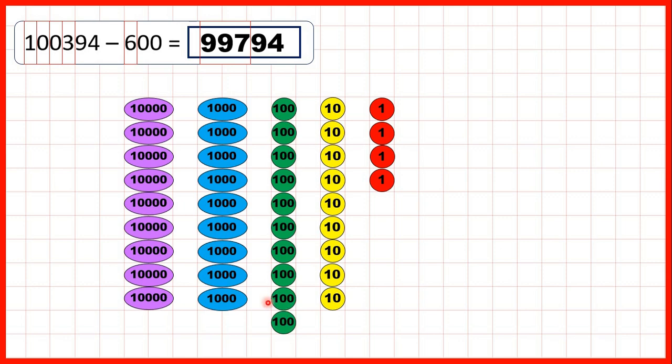So remember, we've already subtracted 300 counters, so we need to subtract 4, 5, 6, and that leaves us with 9 10,000s, 9 thousands, and 7 hundreds. So that's why working out that 1003 minus 6 was 997 gave us our answer, because of course our tens and ones have stayed the same.